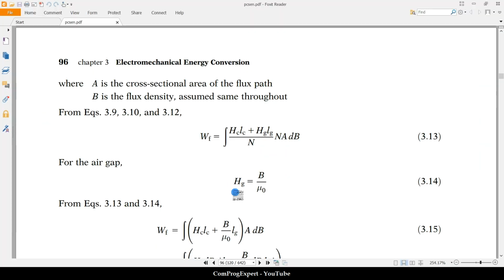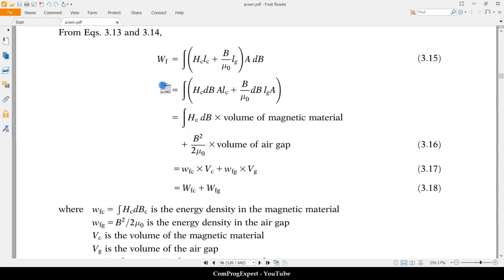So here you can see the summation. WF, the energy stored in the magnetic field, is the integral of H core dB times the volume of the magnetic material, plus B to the power 2 divided by 2 mu 0 times the volume of the air gap. Because the air gap is a linear magnetic material, we can calculate the integral.